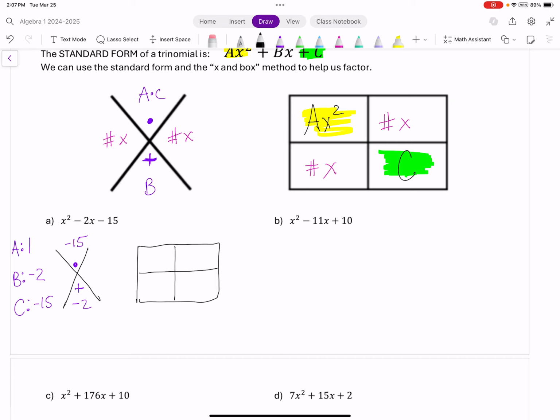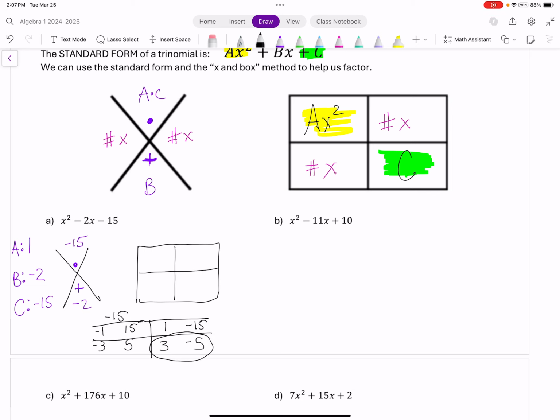So I need to think about what numbers I can multiply to get negative 15. The options are negative 1 and 15, negative 3 and 5, positive 1 and negative 15, and 3 and negative 5. So I have 4 options to choose from, and we want the combo that adds to negative 2.